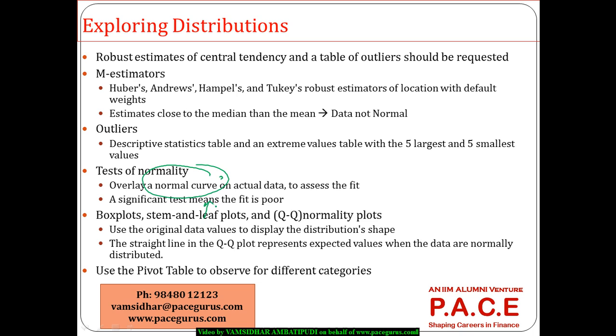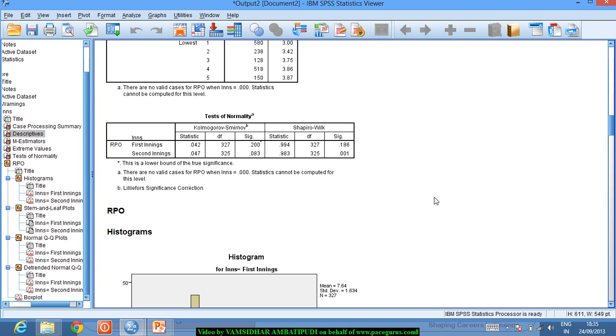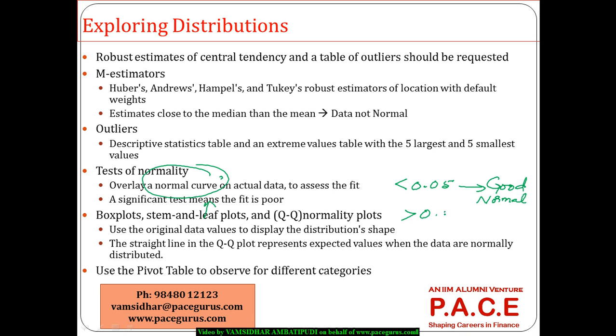So for that test, wherever we see that the value is greater than 0.05, the fitment is good and there is normality.